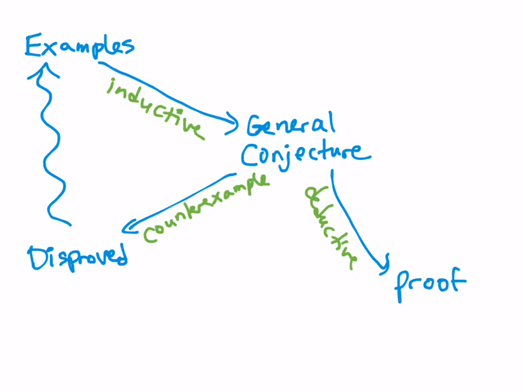And then once that's proven, you can use that conjecture as your premise and go on to conclude other information. So you make new connections and discover new things based on that conjecture, which is now proven. And that's done deductively as well.